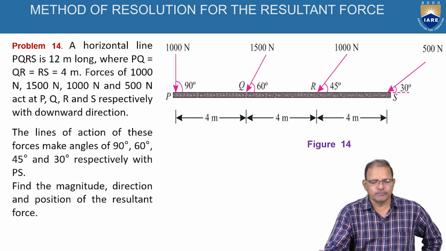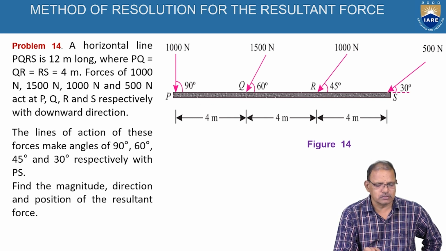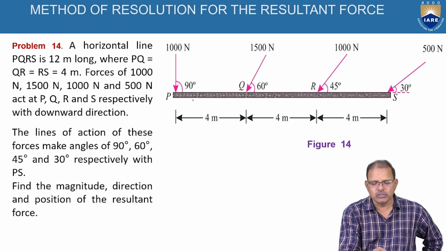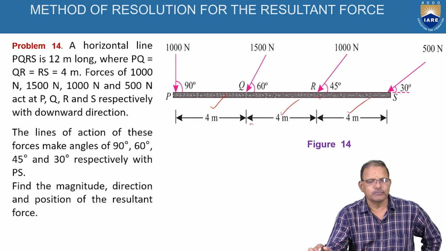Problem number 14. A horizontal line PQRS is 12 meters long, where PQ is equal to 4 meters, QR is equal to 4 meters, RS is equal to 4 meters.